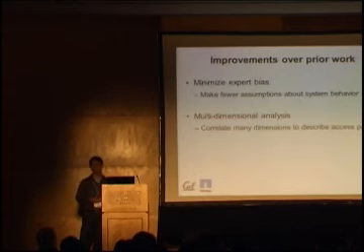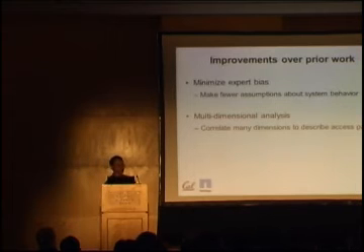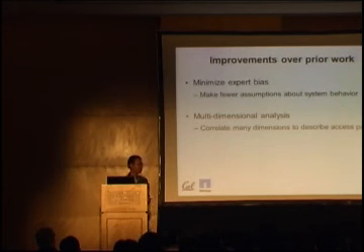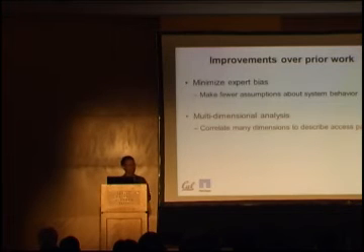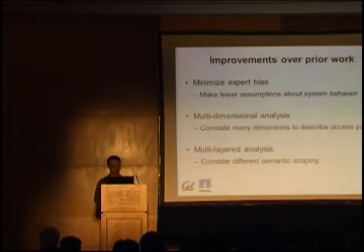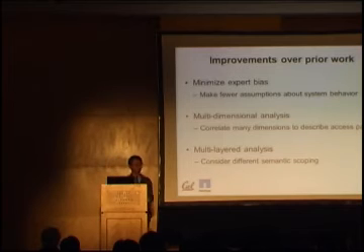Now, we need multiple dimensions, again, because systems are getting more complex. We have many ways to describe them. There are many aspects to their behavior. So the ability to correlate them will allow us to get a more comprehensive understanding of what's going on, and therefore more specific, more targeted design optimizations.